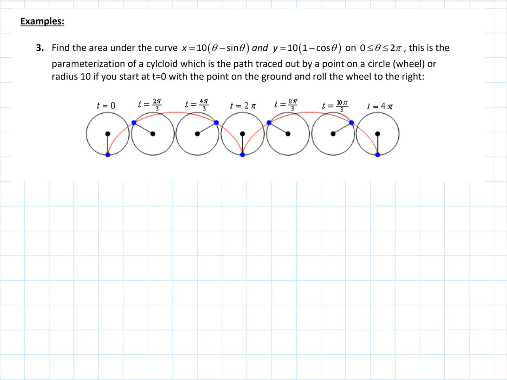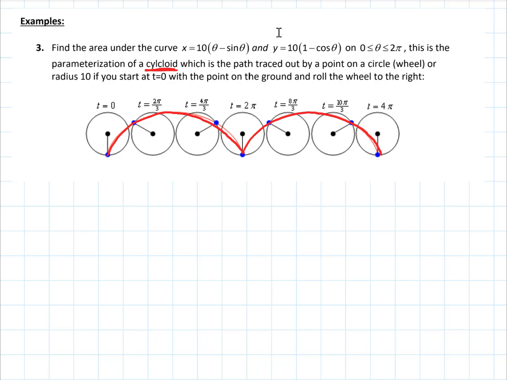A cycloid would be the pathway that is traced out by a point. Here's a little image that I grabbed so that you could see what's happening. A cycloid is the path you get if you take a point on a wheel and rotate the wheel. The first curve is from 0 to 2 pi. If the wheel continues to rotate, every time you go through one circumference of the wheel, you get this curve, and it continues on and on.